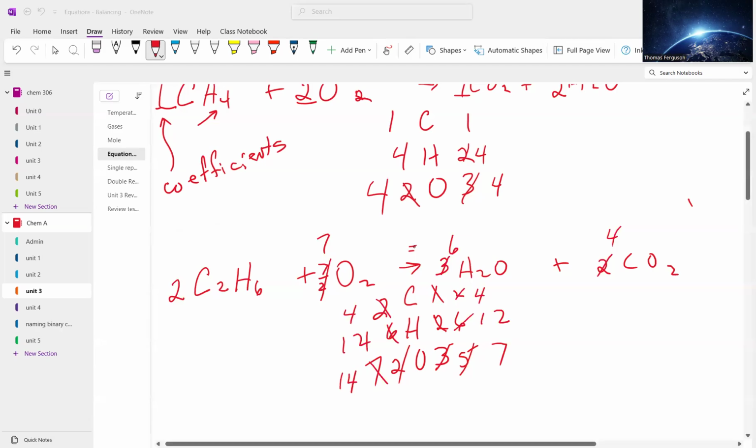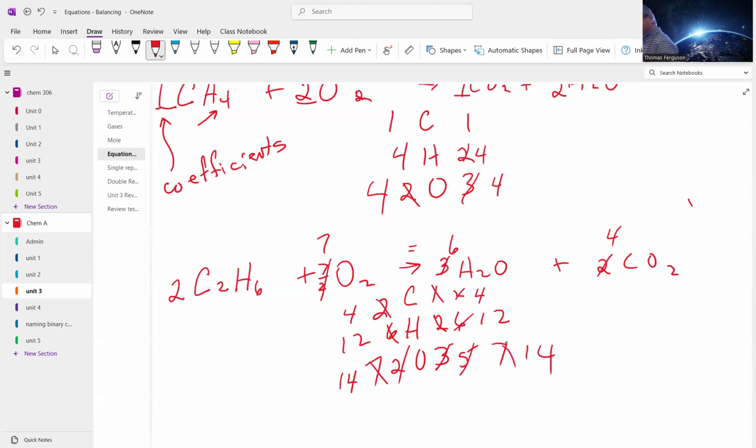Oops. 6 and 8 is 14. Okay, so now it's balanced because left and right are equal. So you can have fractions and you're all going to get rid of them.